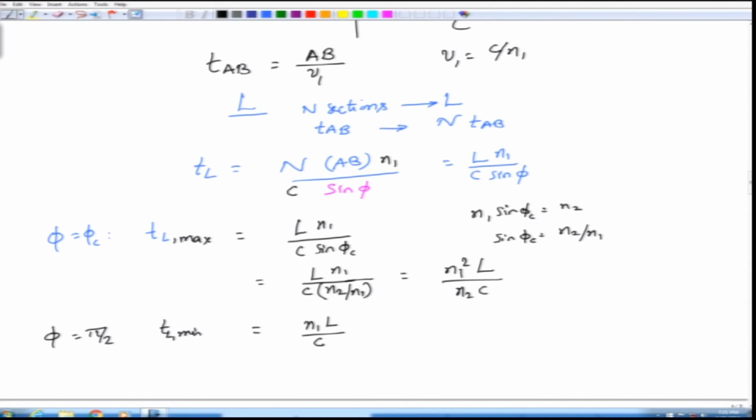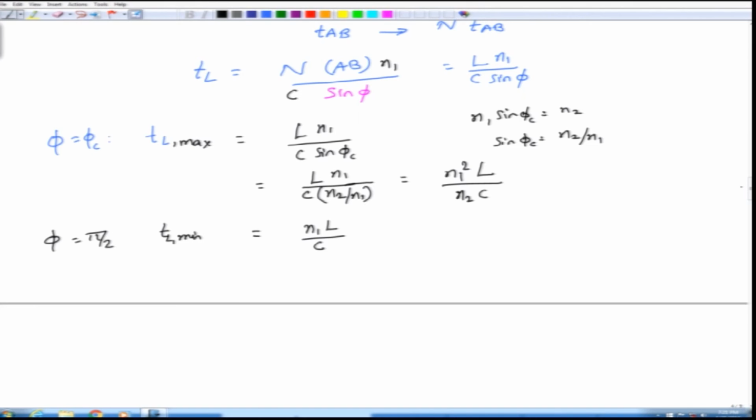So, this is the minimum, and if you were to assume that at least the angles phi equal to pi by 2 and phi equal to phi C are excited, then the duration with which the pulse gets stretched will be equal to TL max minus TL min, and I will leave this as an exercise to you to show that this is nothing but n1 L by C into n1 by n2 minus 1, which is approximately n1 square L delta divided by C into n2.